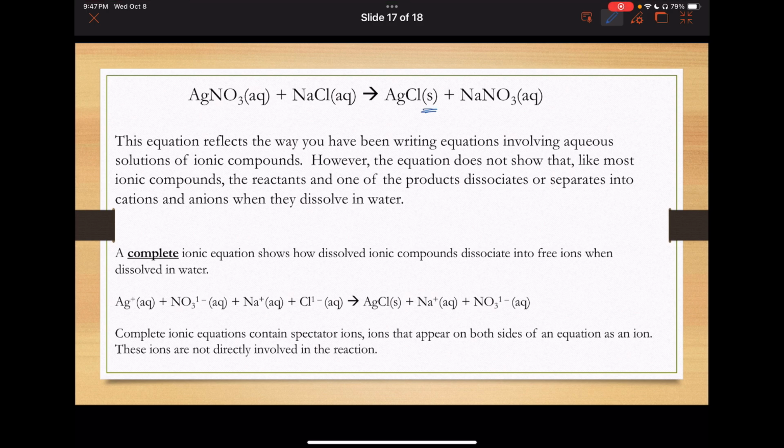AgCl, since this is a solid, is not going to break apart in water. So this is what stays together. So in our complete ionic equation, it stays together. And then finally, NaNO3, aqueous, I know it was Na plus and NO3 minus. So it breaks apart when it's dissolved in water. So this is the complete ionic equation. It shows us everything that's happening from our original equation.